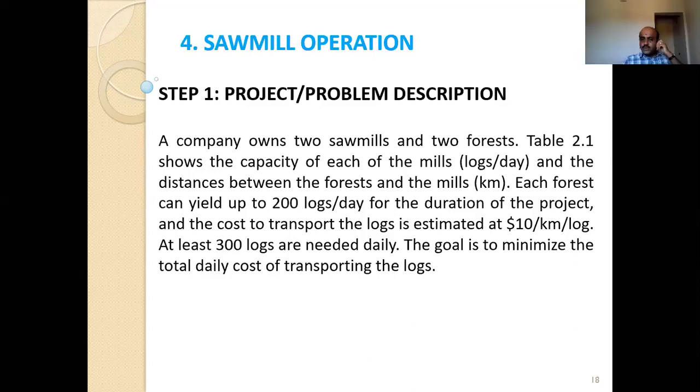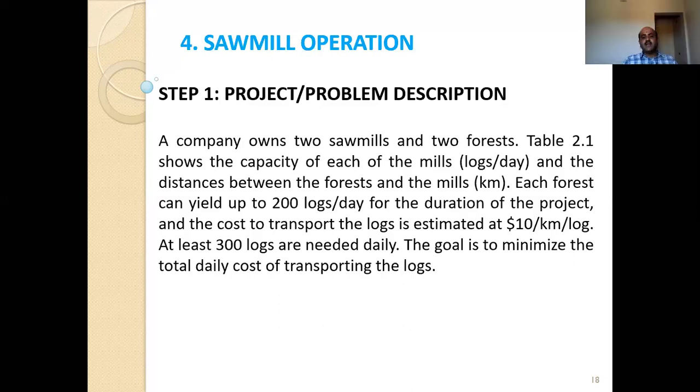A company owns 2 sawmills and 2 forests. Table 2.1 shows the capacity of the mills, logs per day, and the distance between the forests and the mills in kilometers.